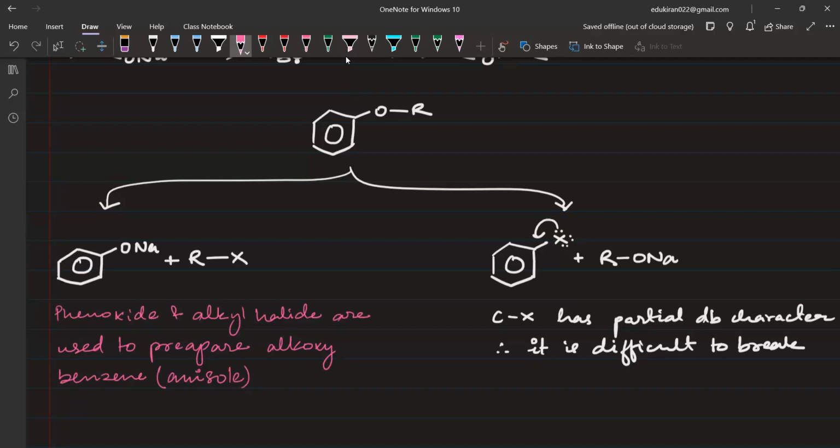Phenoxide and alkyl halide are used to prepare alkoxybenzene, है ना? This is not used. Aryl halide and alkoxide are not used due to the above reason.